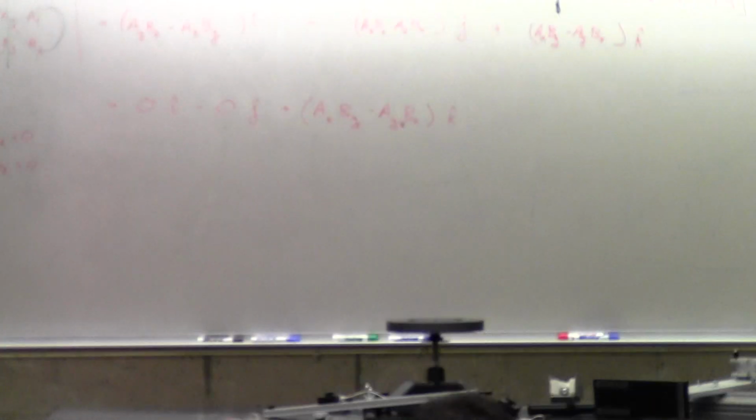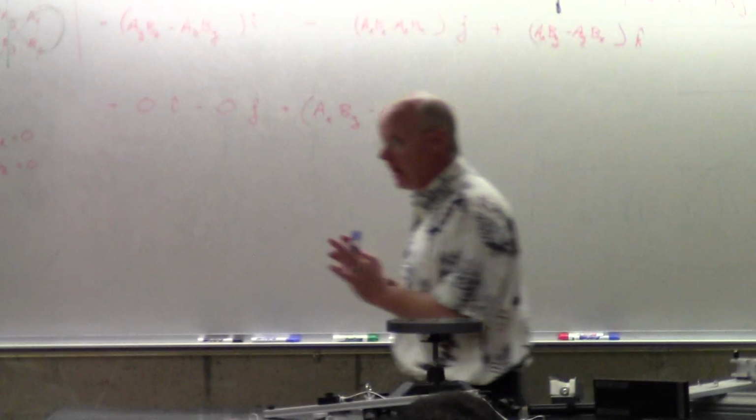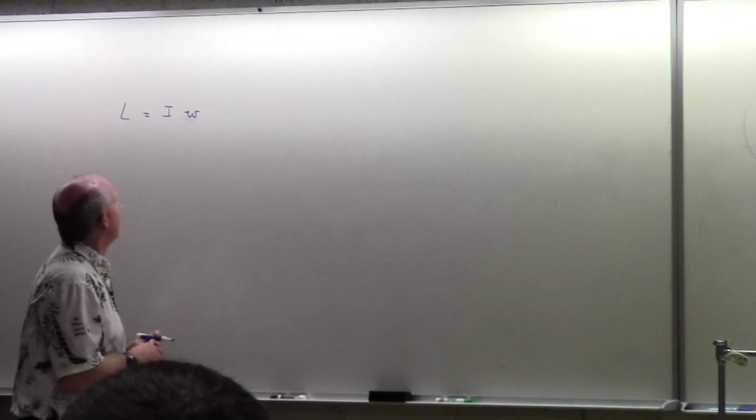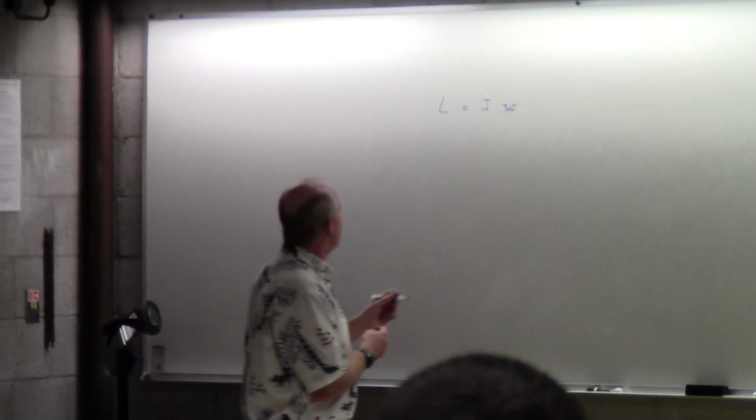So I would jump away from this one and jump over to that equation, the other way of doing it, because the I is the summation of all those points. So doing this calculation, I would say I omega. But the angular momentum is equal to I omega.